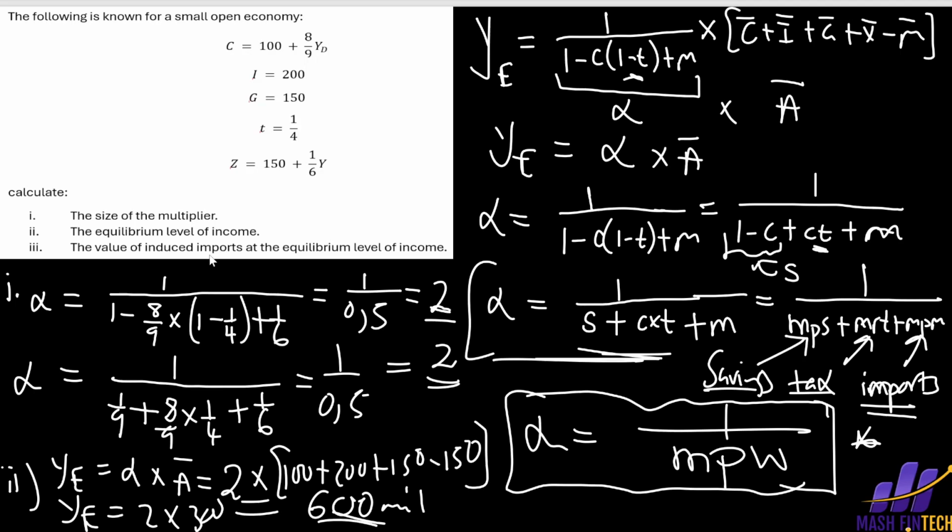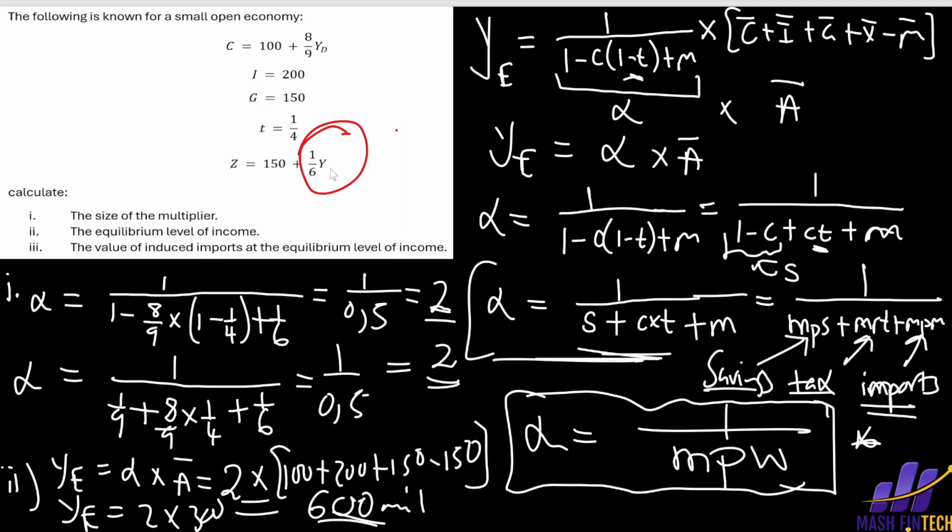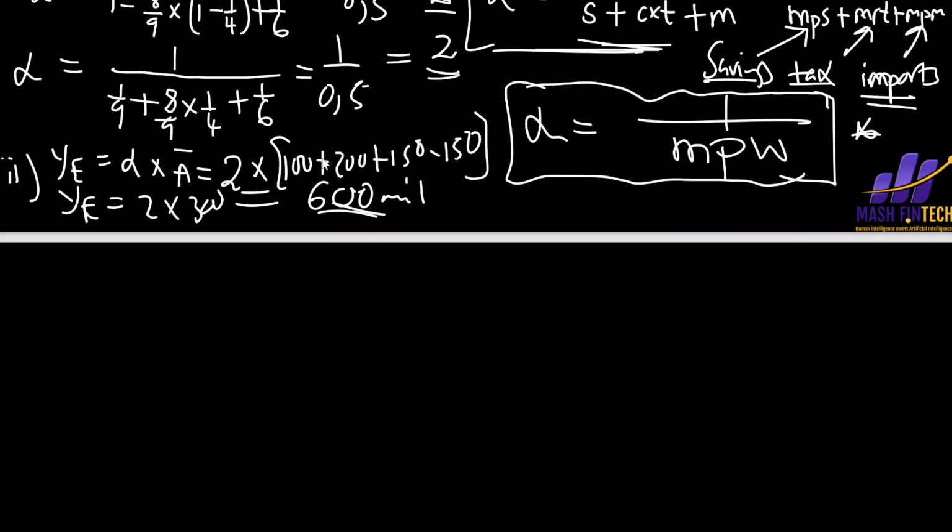What is the value of induced imports in equilibrium? Induced imports are this part here. This is the induced imports only. Remember, this part is autonomous. The induced part is this one. So what we are going to do is just say 1/6 times the equilibrium.